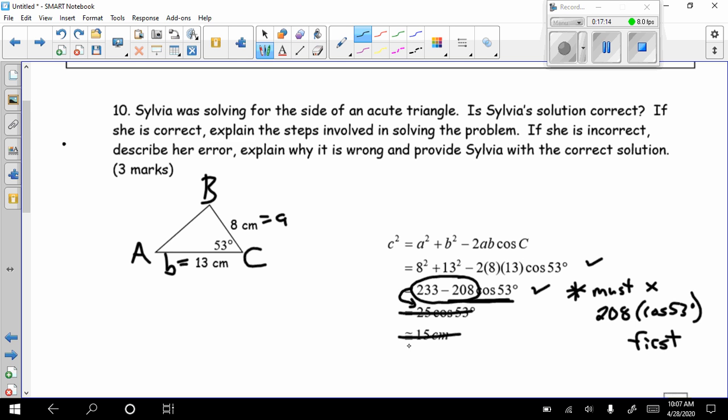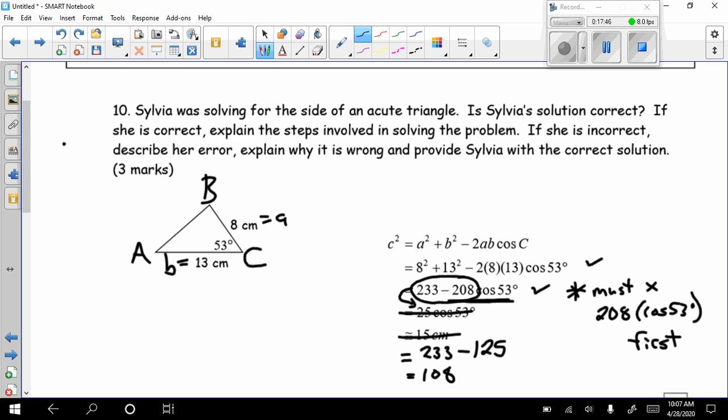They're wrong. If I had done that, I would have got 233 minus, and then 208 times cos of 53, I would have got 125 there, and then 233 minus 125 equals 108.